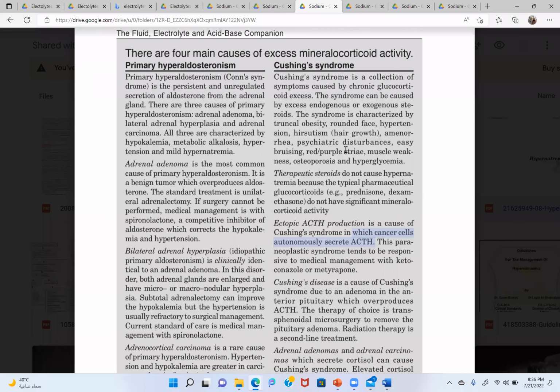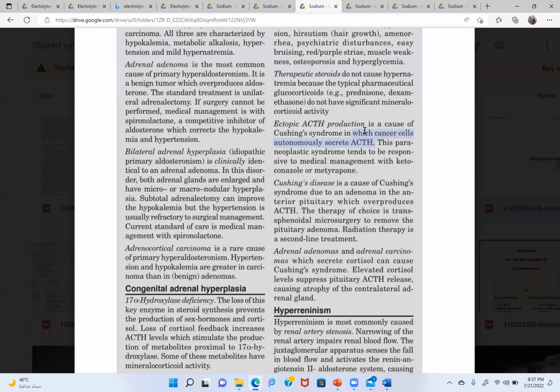Cushing's disease is basically a disease of the pituitary, and Cushing syndrome can be due to ingestion of corticosteroid or any adrenal gland tumor or hyperplasia. In Cushing's disease, ACTH is more from the pituitary, and in syndrome, the adrenal is involved.